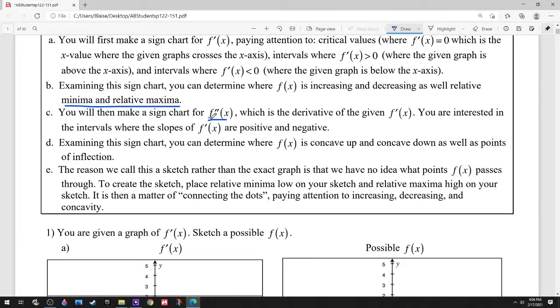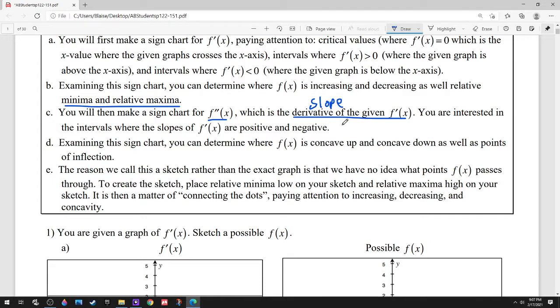Okay, then we're going to make a sign chart for f double prime. We're going to do this by looking at the derivative of f prime. Remember, the derivative of something is the slope of it. So we're going to be looking at f prime and just thinking about its slope, and that's going to tell us f double prime. So we're interested in finding out when the slope is positive and when the slope is negative, the slope of the derivative.